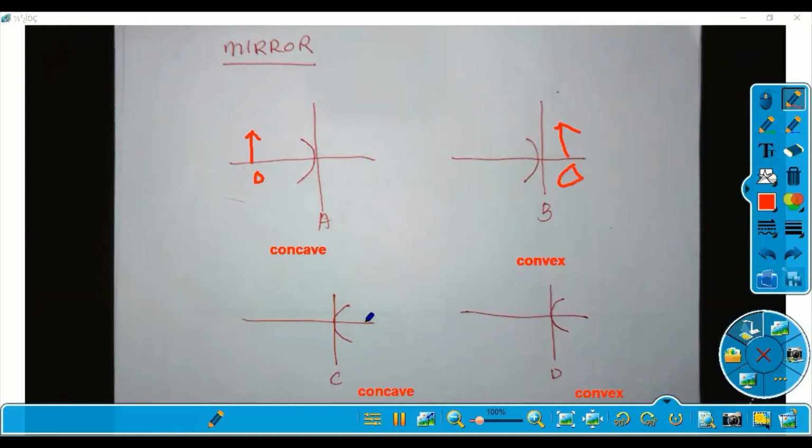If this is a concave mirror, the object must be placed at this side, and for convex, the object must be at the right side. So this is how we determine a concave and convex mirror. For this symbol, for example, it can be concave or it can be convex. The important thing is the position of the object. So the position of the object is used to determine the type of curved mirror.